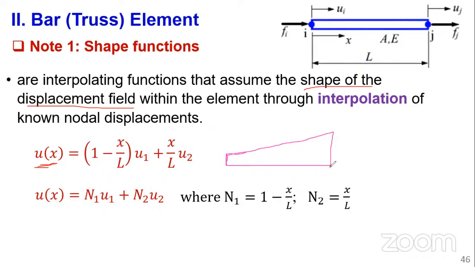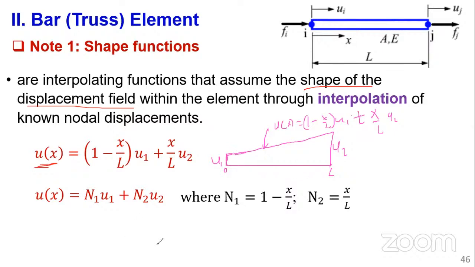So this will be U2, this is U1. And of course, this is the variation, your equation ux equals 1 minus x over L times u1 plus x over L times u2. Here is 0, here is the length L. So this is now a sketch of the displacement field.